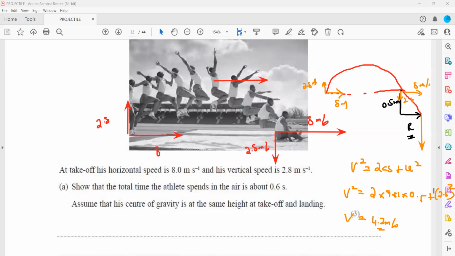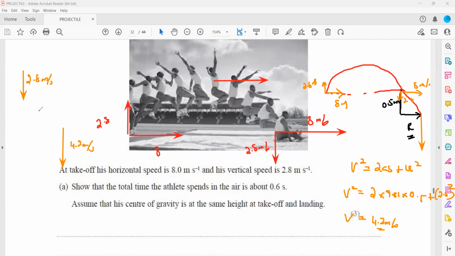Now we have one vertical velocity, 2.8, when he is falling, and the next velocity is 4.2. So 2.8 meters per second, and this is 4.2 meters per second.